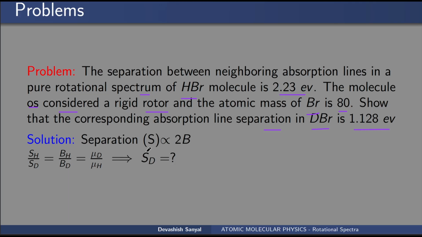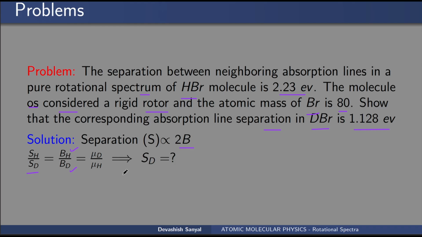Now the separation in energy is proportional to 2B or B, whatever you say. So separation in the case of hydrogen bromide divided by separation in the case of deuterium bromide is equal to the value of B for hydrogen bromide divided by the value of B for deuterium bromide. We know the relation between B and moment of inertia, and moment of inertia is mu r squared.